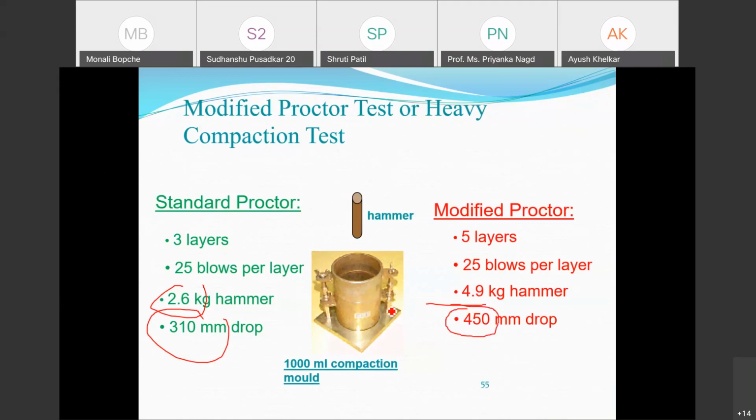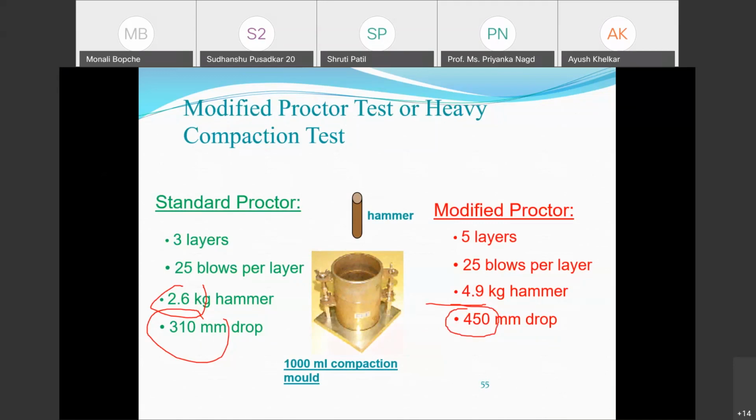So we are putting more weight, more drop. Definitely the compacting energy used for modified Proctor is also more. It is around 2700 kilojoules per cubic meter, where it was 592 in case of standard Proctor. So we are using more than 4 times the energy for modified Proctor.